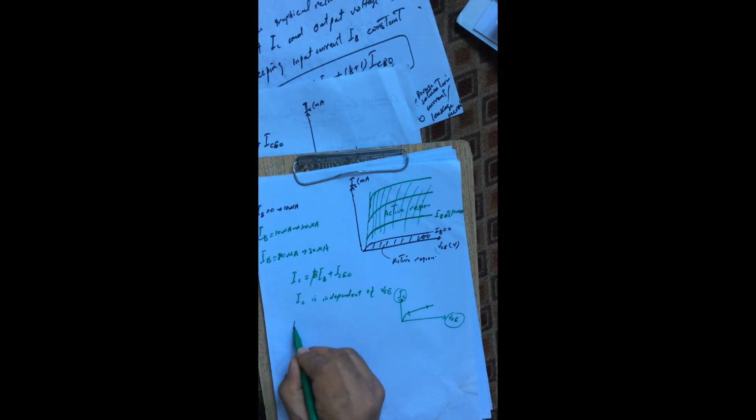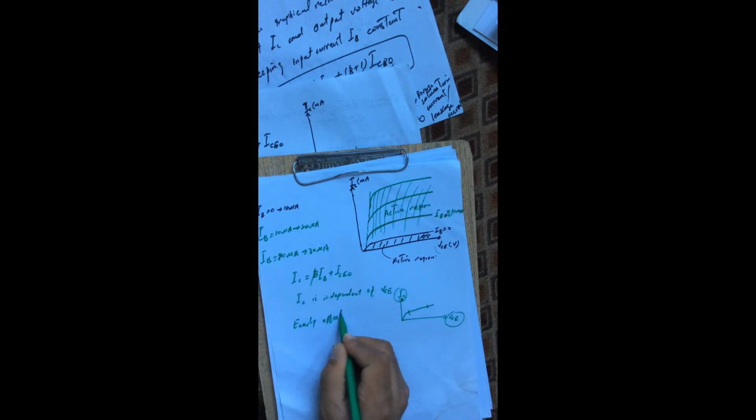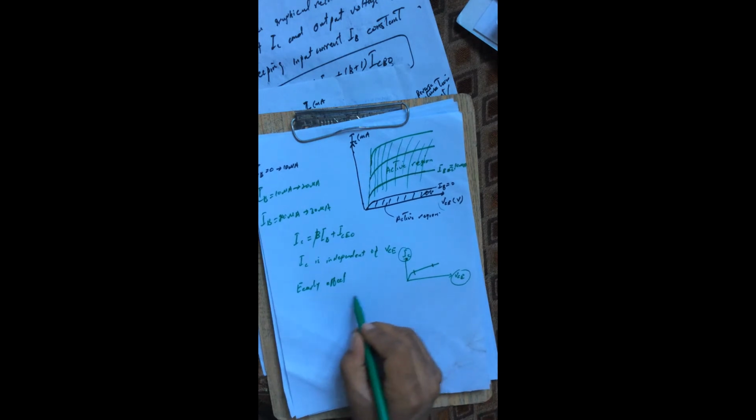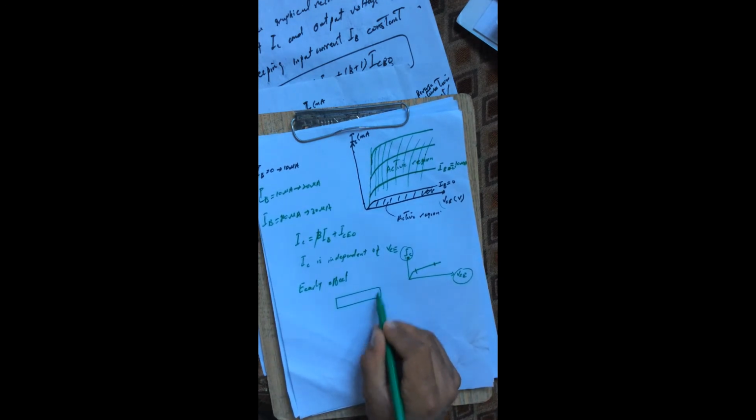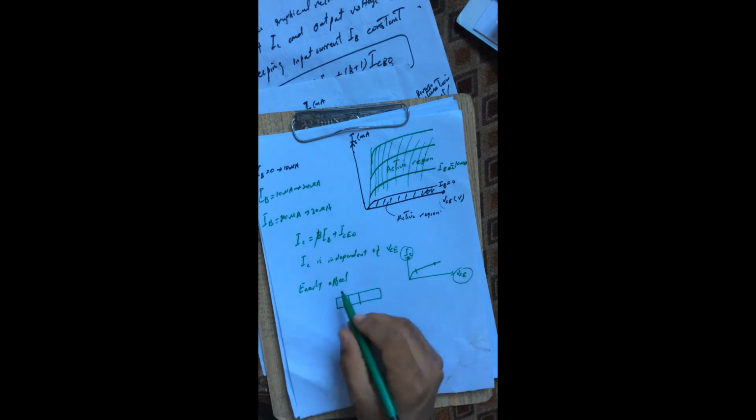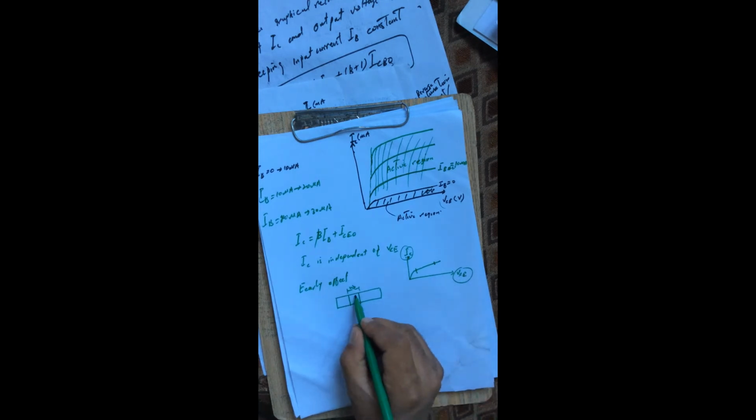Because of the early effect. In the early effect, VCE is the reverse voltage, so it increases the width of the junction. Let's say the width of the base is W, and the effective or net width is this one.